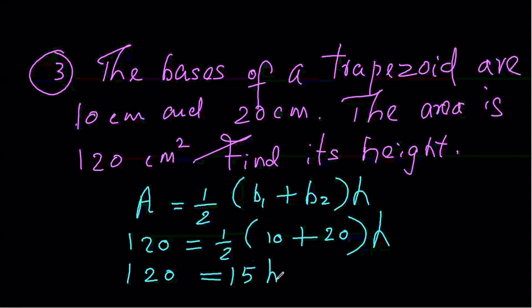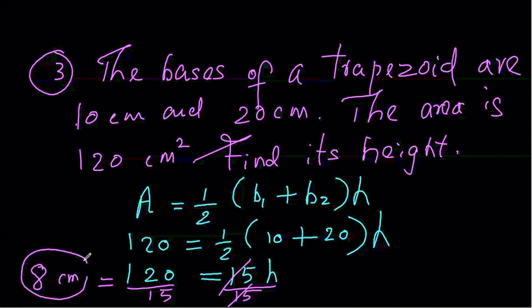Now how do we get rid of that 15 which is multiplied? So go for inverse operation again. Divide both sides by 15. Cross out these two. You get 8 centimeters. That's the height.